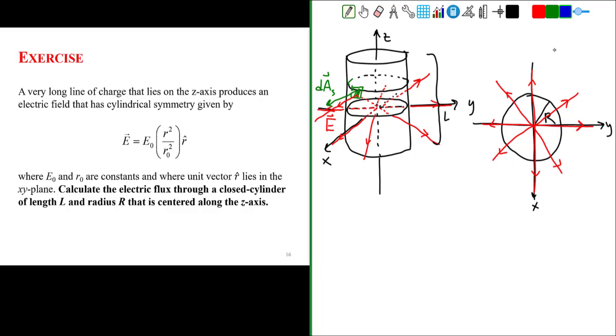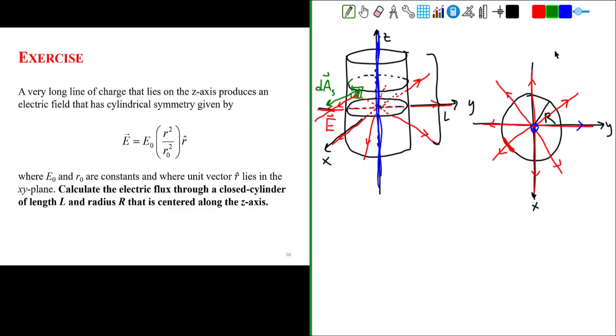And these electric field lines are due to a very long line of charge that lies on the z-axis. Let's now look at a representative polar rectangle on our cylinder.